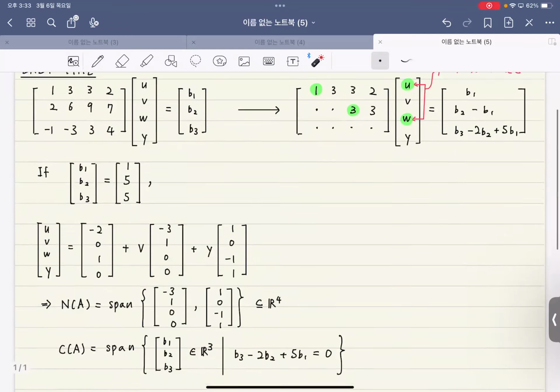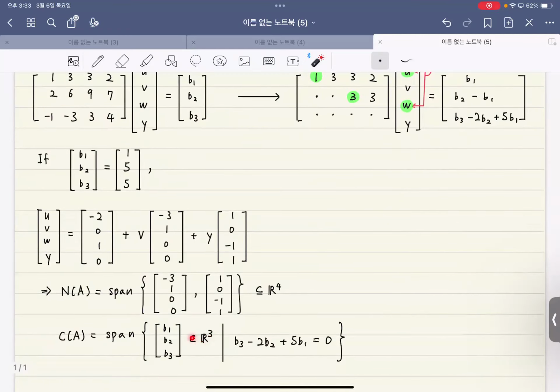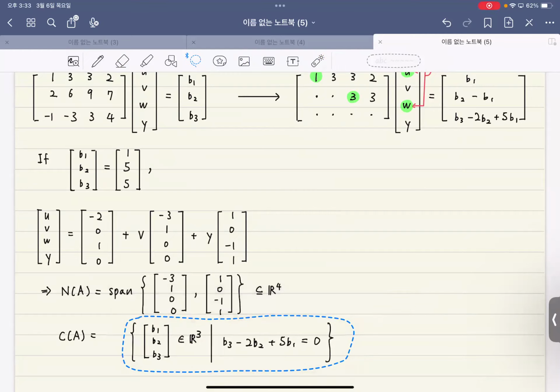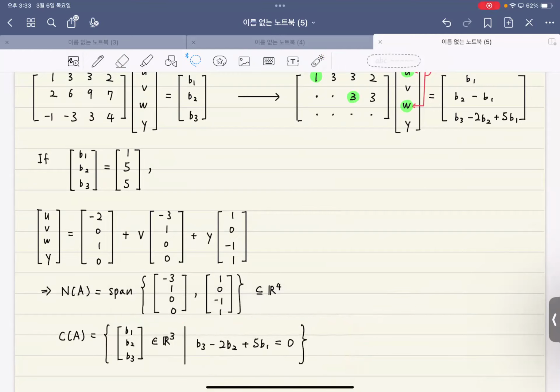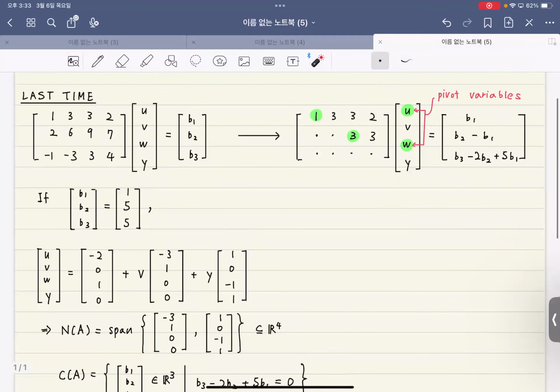But instead of doing that, I can also say this equation has a solution if and only if this last condition equals 0.